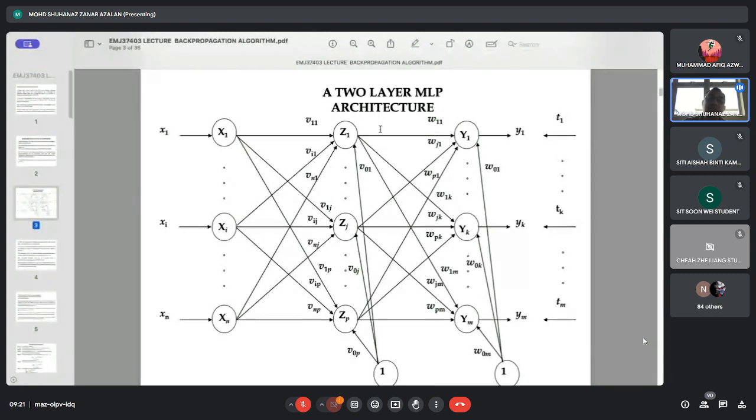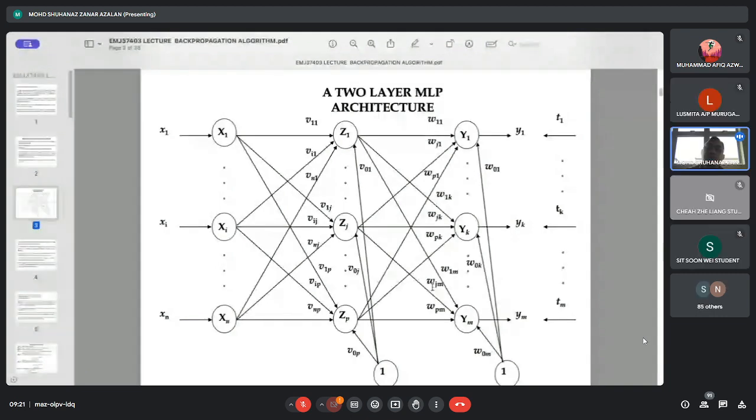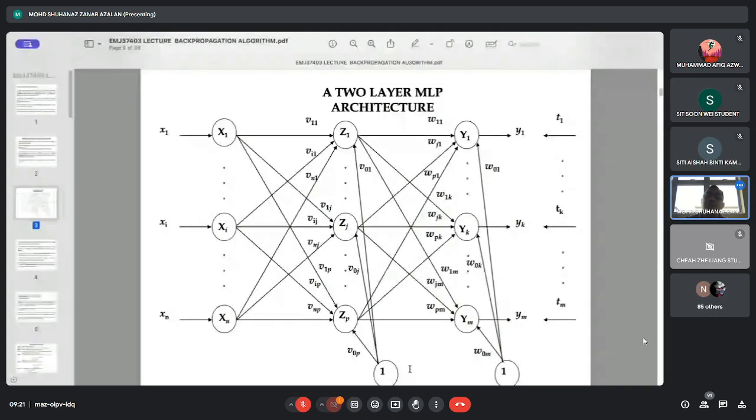So we have here a hidden layer. We call it a hidden layer here. Okay, so we have an input layer, hidden layer, and then the output layer. And we still have a bias here. Okay, so this is how the backpropagation algorithm's architecture looks like.